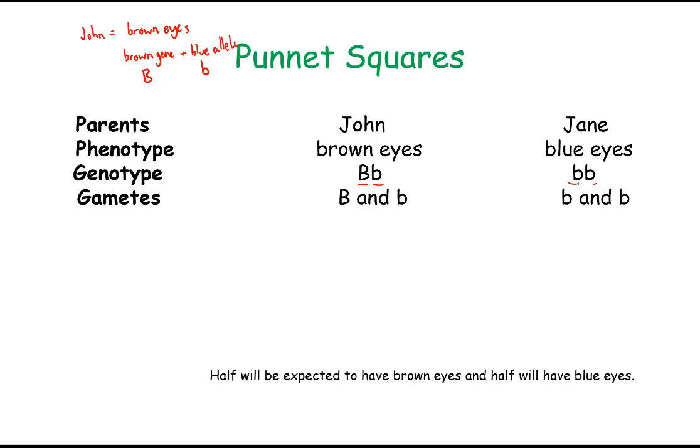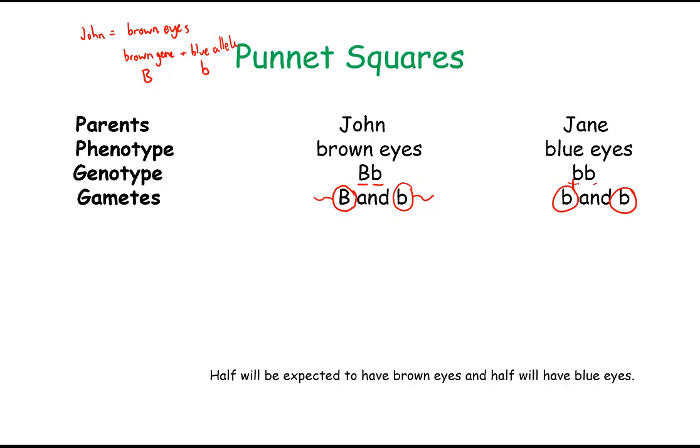Now remember, only one chromosome from a homologous pair can go into a gamete. So the gametes that John can produce, which are going to be sperm, will contain a big B and a little b. So he can create 2 different types of sperm, one with the big B and one with the little b. Jane can only produce eggs with little b's.